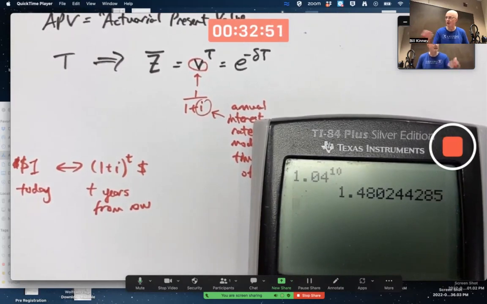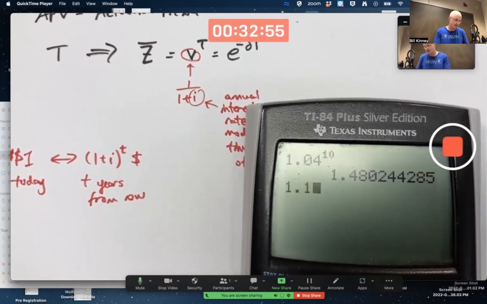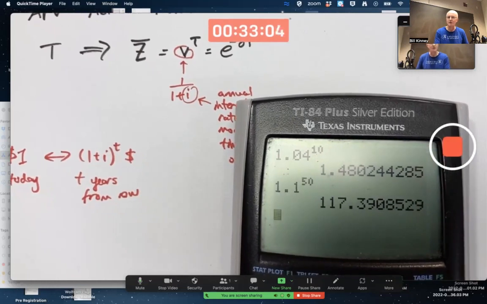So it gets more significant over time, and it gets much more significant when you have a larger interest rate. We're talking about a 10% interest rate, say for 50 years. $1,000 today at a 10% interest rate is equivalent to $117,000 50 years from now.